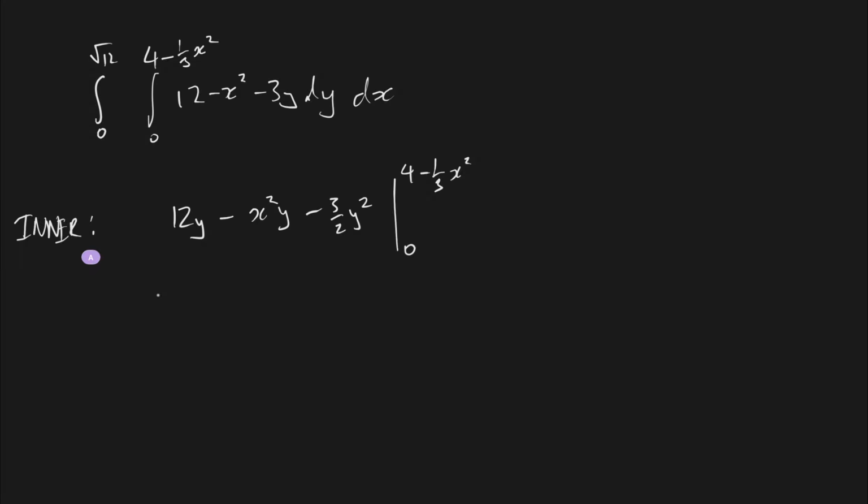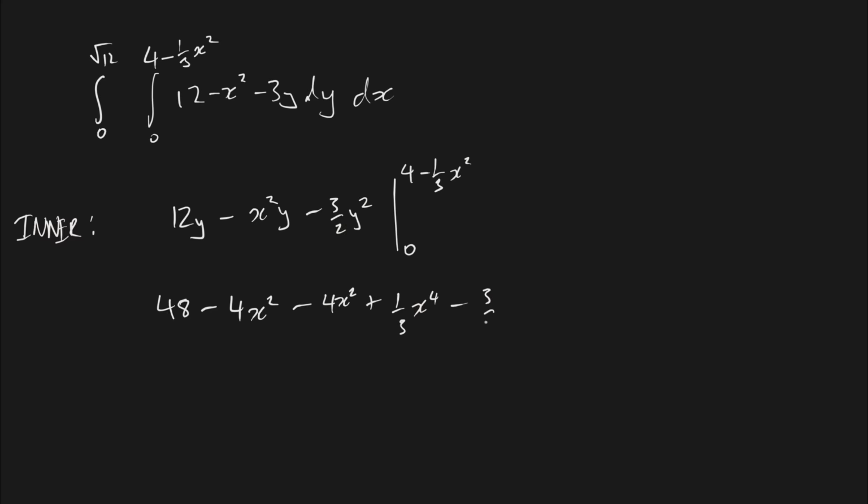So we get 48 minus 4x squared. And then let's just make sure we get the signs correct here. Minus 4x squared, minus 4x squared plus a third x to the 4.